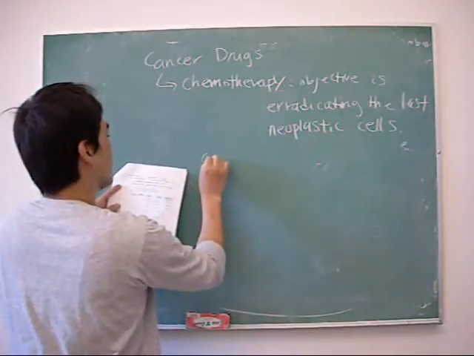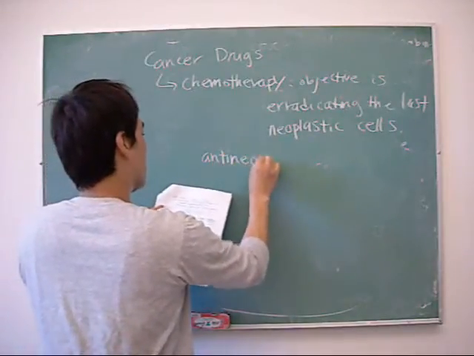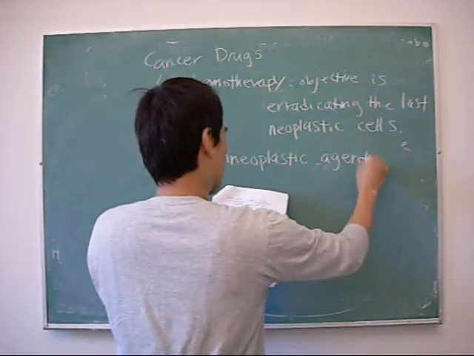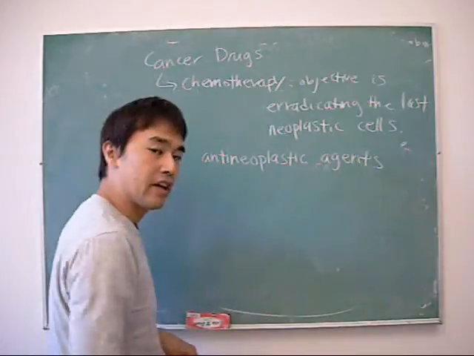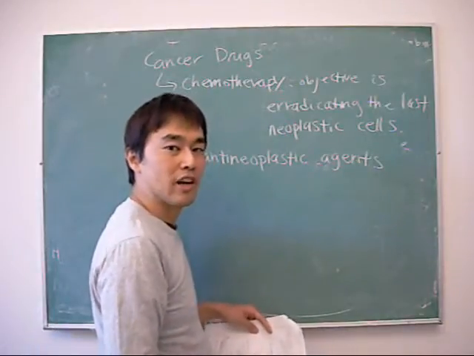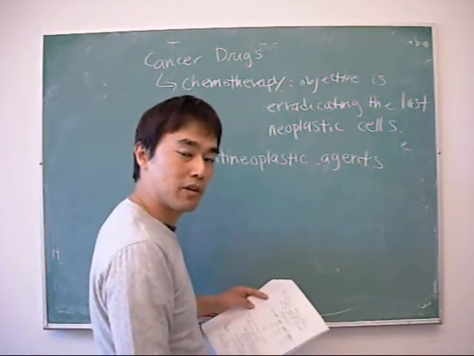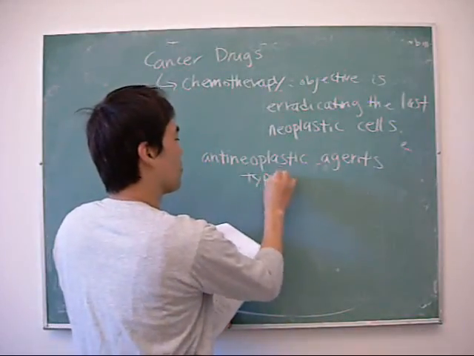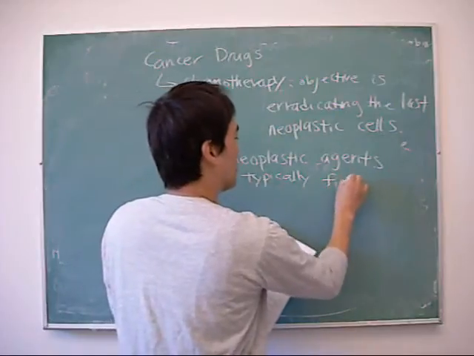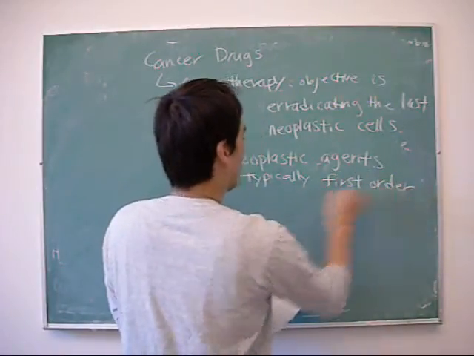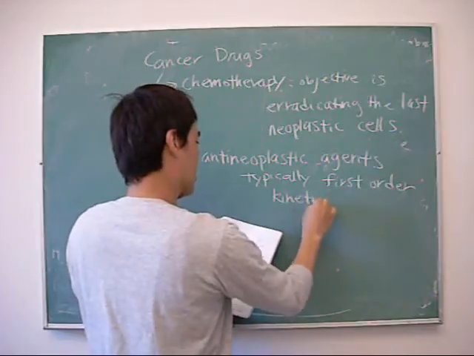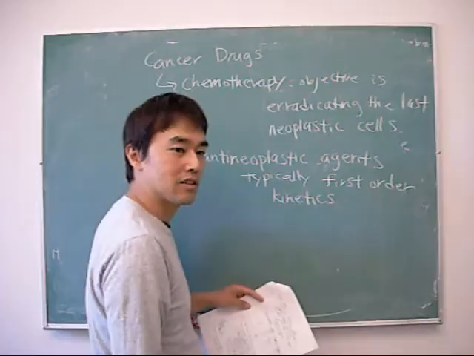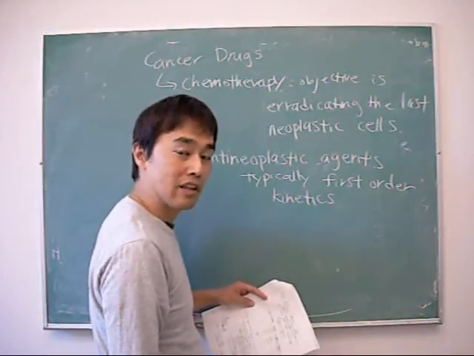Typically, antineoplastic agents, what we call cancer drugs, follow first order kinetics, meaning the more cancer cells you have, the faster the rate of eradication is.